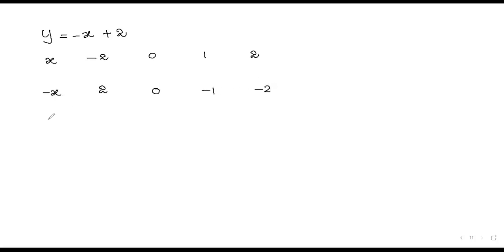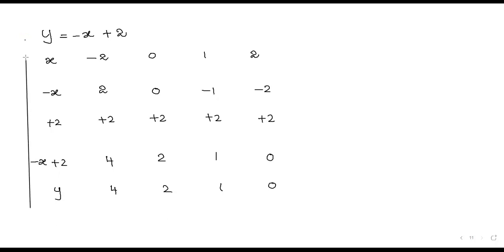It takes the opposite. For this value, I add 2. Therefore, I write plus 2 in all the columns, right? So then I write negative x plus 2. Here it is 4, 2, 1, 0. And y is equal to 4, 2, 1, and 0. So then we can complete the table quickly.